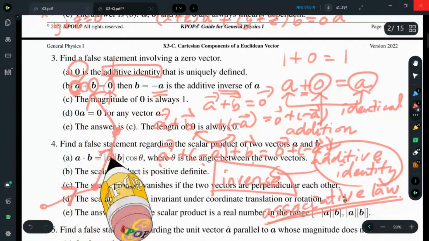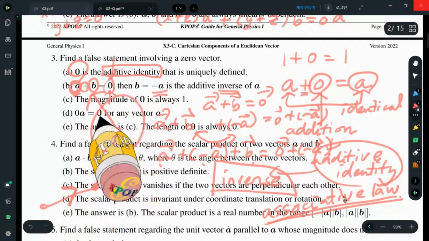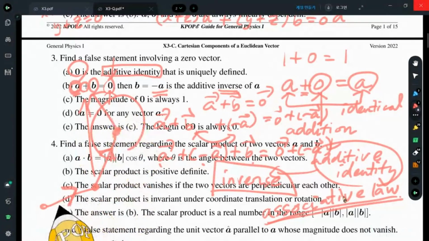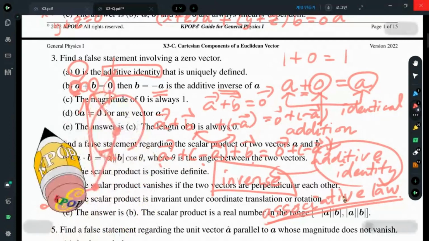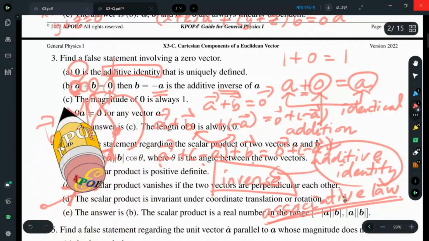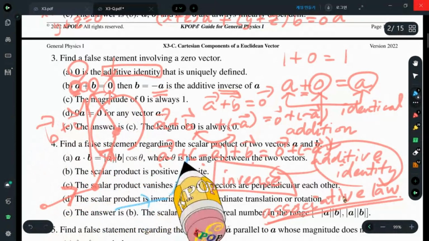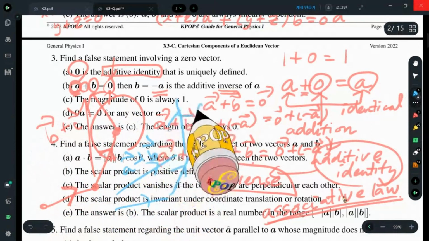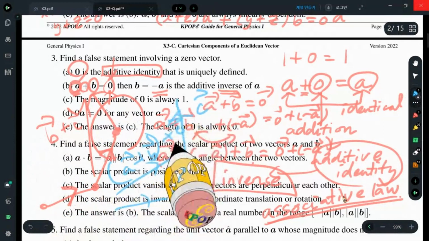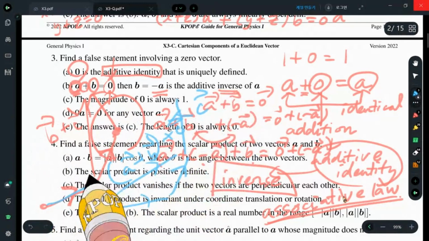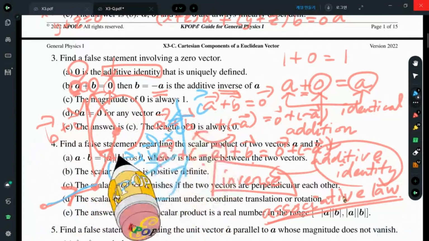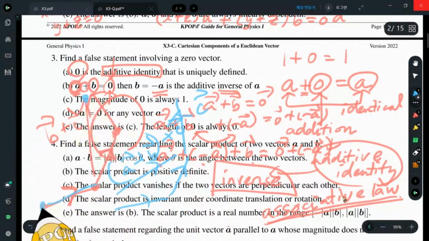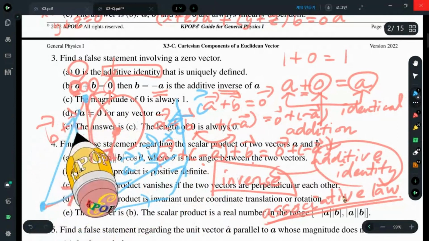For example, in this addition, this one can be added first. So A, B, C addition can be A plus (B plus C). This is B plus C. This result is identical to A plus B first, and then you add C. These results are always the same. The final result, A plus B plus C, is just to connect the final head and the initial tail straightly.